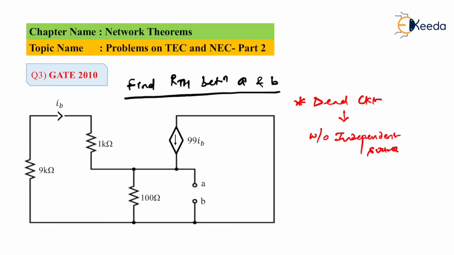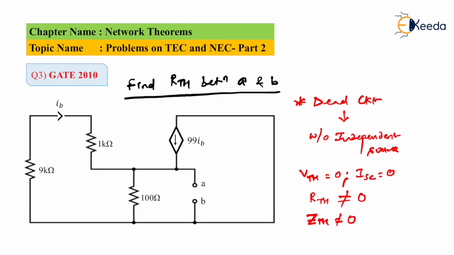Such problems have VTH equal to 0, ISC equal to 0, but at the same time RTH or ZTH is not equal to 0. But the question remains, then how to get RTH or ZTH? So in this problem, we get ZTH by a special method called the V by I method.